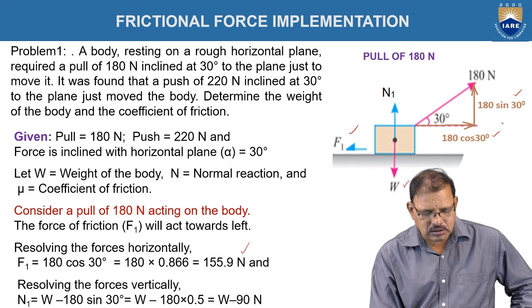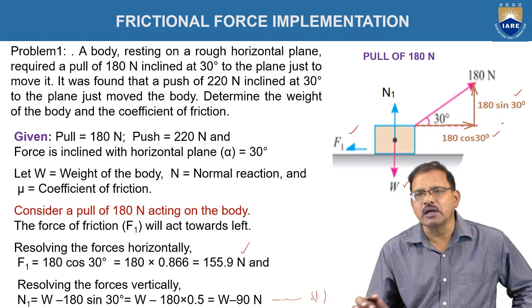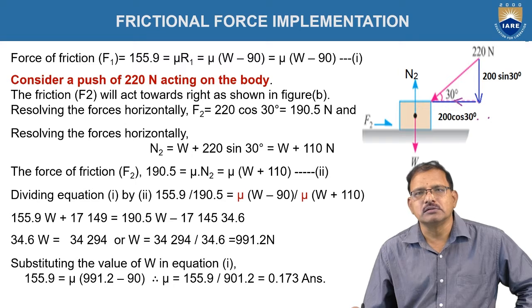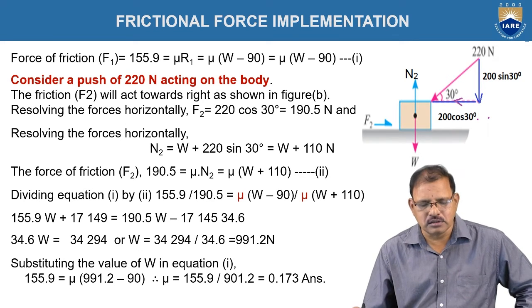From this relation, we got W into sin 30, which is equal to 0.5. We got W minus 90 newtons, which is shown in the figure and represented as equation number 1. The frictional force F1 is equal to, according to the previous calculation, 155.9.